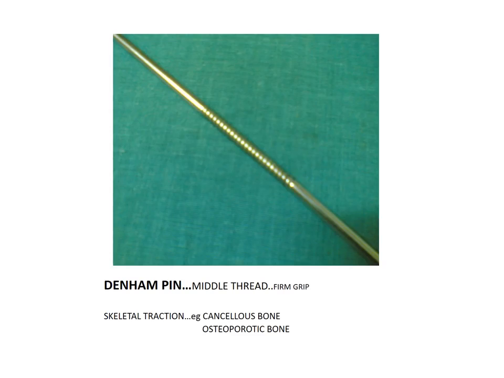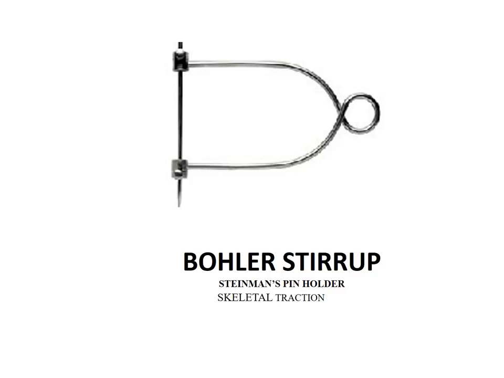These are the threads in the Denham's pin, which is used for cancellous bone or for the osteoporotic areas. Bowler stirrup is used to hold the Steinmann pin or the Denham pin so that subsequently the traction which needs to be applied can be tried here along the bed edge.